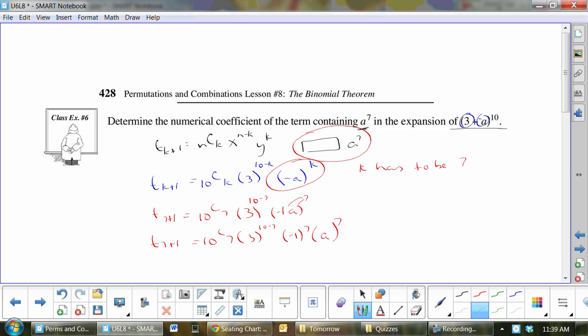Now, I want to say something here so you understand that if you have a times b times c, all to the 7, this equals a to the 7 times b to the 7 times c to the 7. You can always distribute an exponent if they're all multiplying.